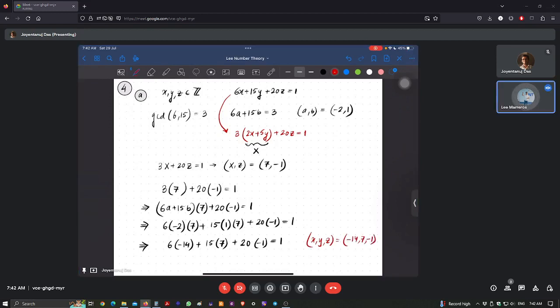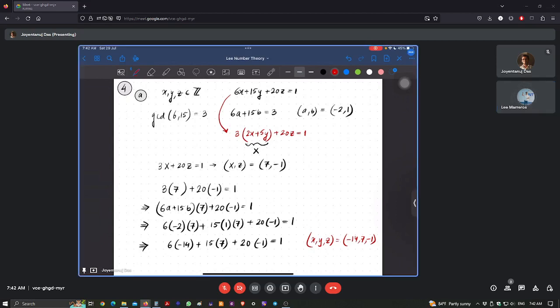You assume that 6a plus 15b is 3 because that is one of the solutions, and then from there you just replace. Yes, this is one solution, and this is what they're asking: to find integers x, y, z that satisfy this equation.